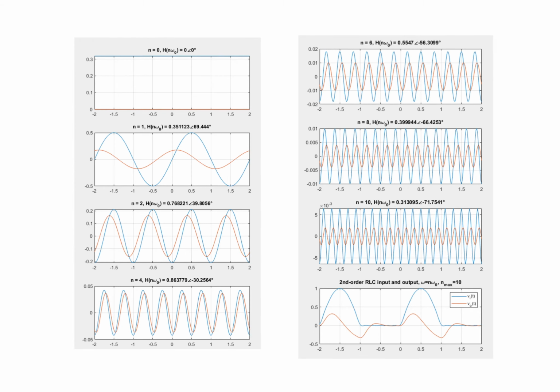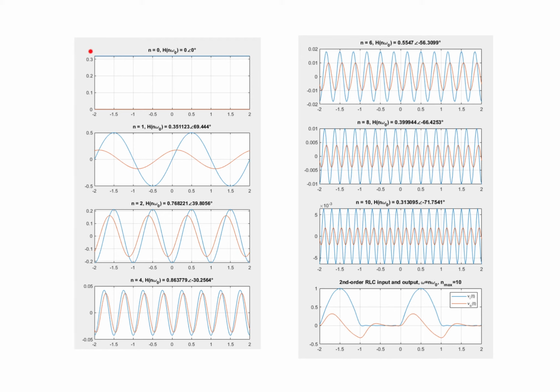Here we have 7 plots for various values of n. The first 7 values that do not have a 0 input, and then the last graph sums up the series for these first terms of the Fourier series for the input and the output. First graph is for n equals 0, the DC portion.